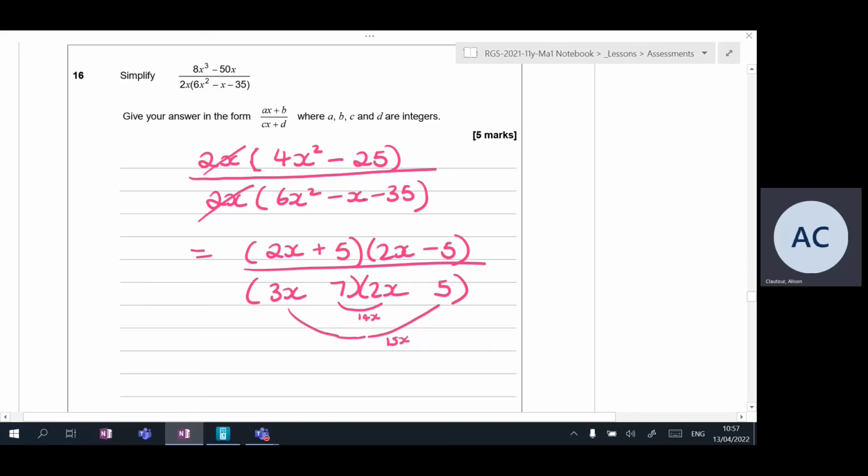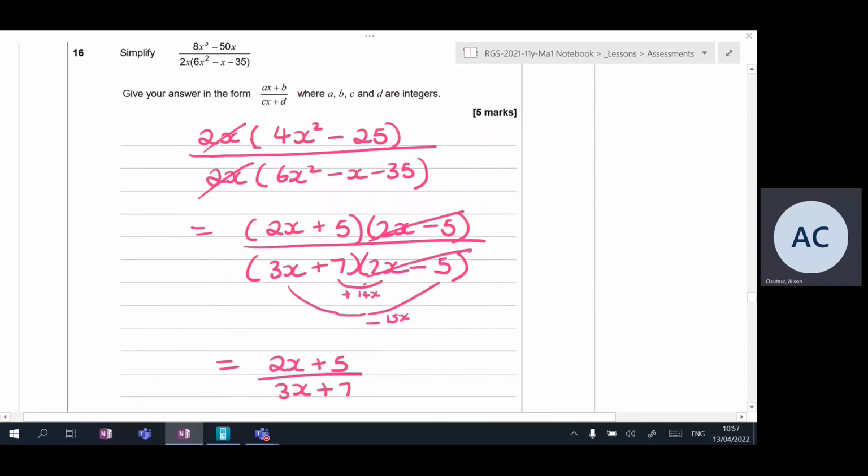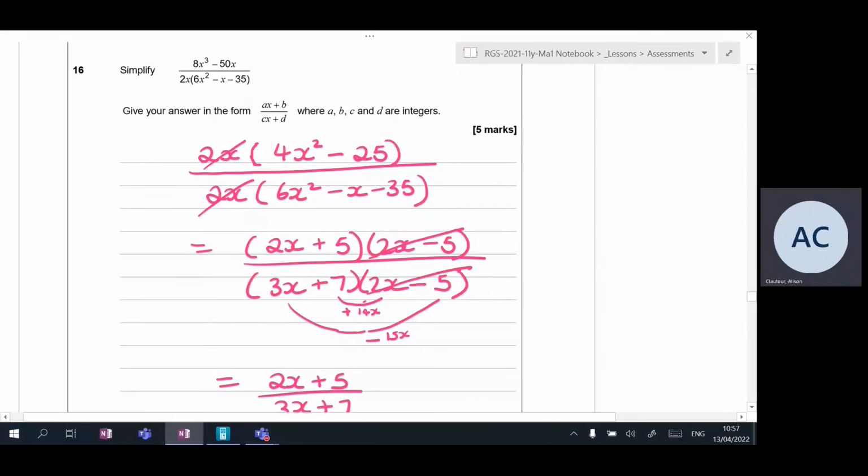So to get minus x, we want this to be the negative and this to be the positive, which means your 2x minus 5 is going to cancel out. So we're just left with 2x plus 5 over 3x plus 7. Okay, so some tricky factorising there, but do the easier one first and use it to help you with the harder one.